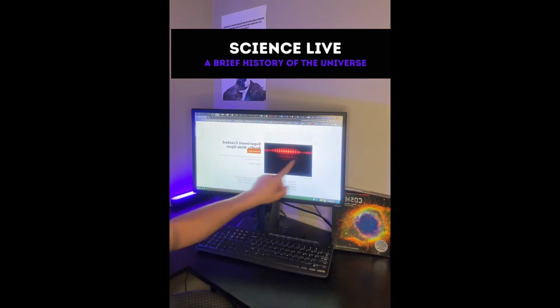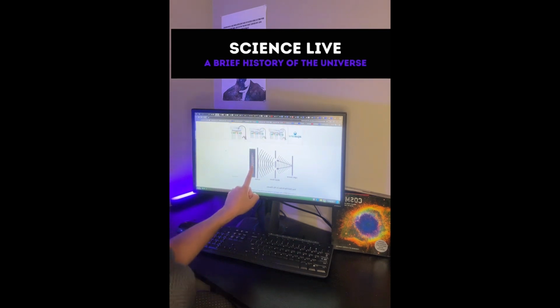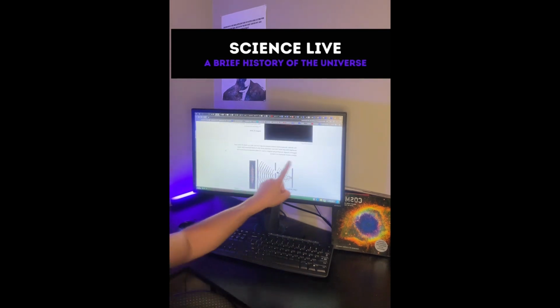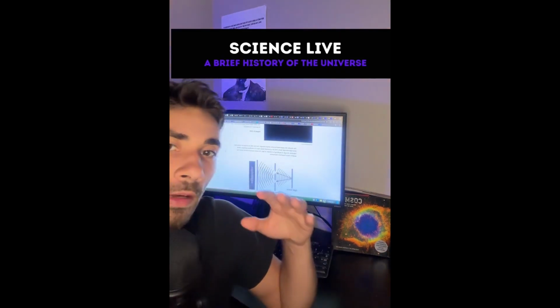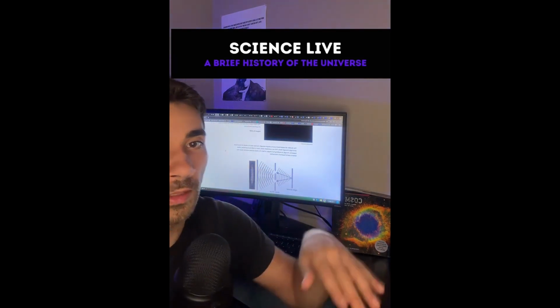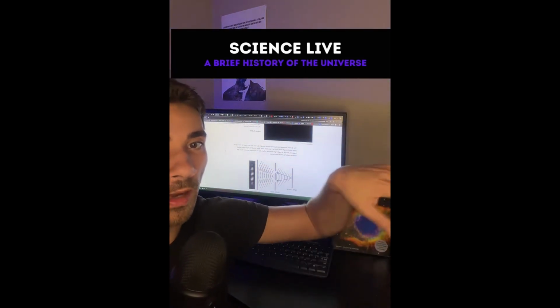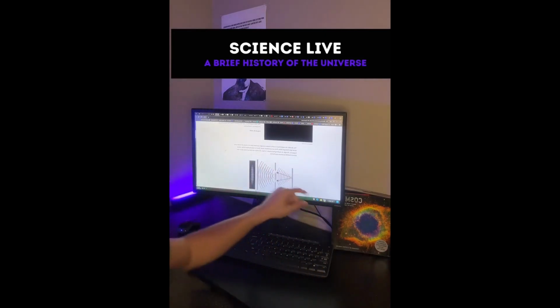They discovered this. A pattern of light at the back wall. And they were confused. Why is this the case? We shot individual photons one by one, but we expected two rows. Now we have several different rows. It seems as if we've gotten an interference pattern. This is like what you get when you see waves in a pond interfere with each other. That's kind of like how this happened.